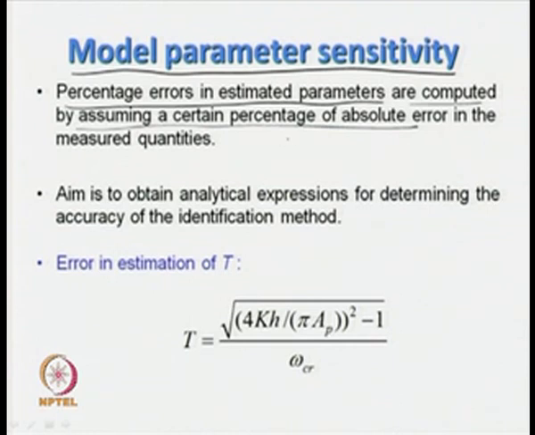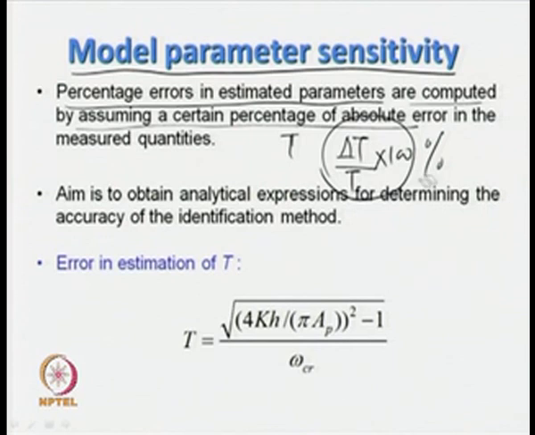Suppose I have got a transfer function model parameter t. How can I compute the absolute error associated with this? For that, I have to consider the change in the parameter, delta t. So, delta t upon t will give you the relative absolute error, and when you multiply this by 100 and find the percentage, then you get the absolute relative error in percentage.